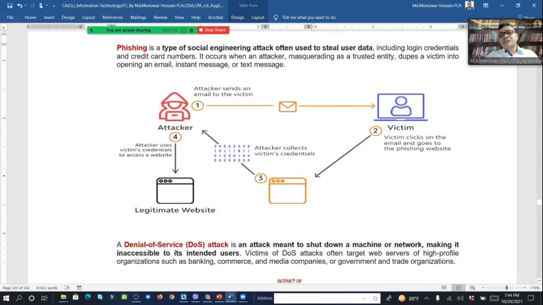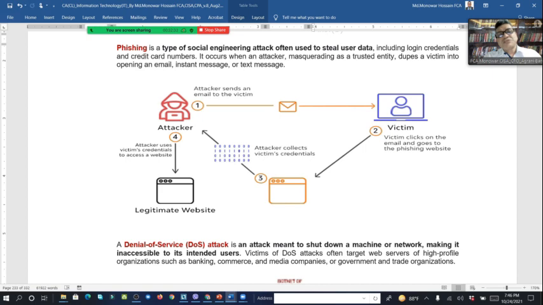The victim clicks on the email and goes to the phishing website, and here the attacker collects the victim's credentials, all data, and then uses the victim's credentials to access a legitimate website, and this way the same website, that means all password and user credentials.